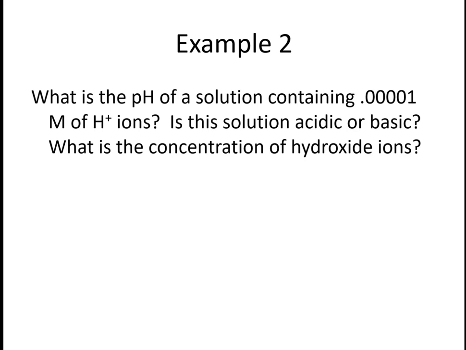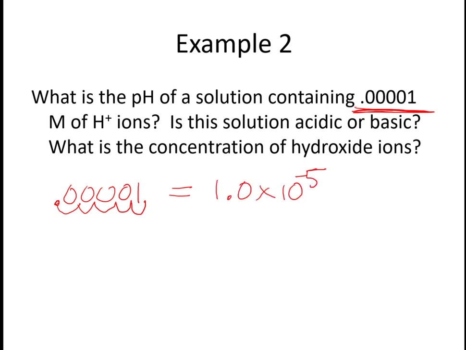So if we have a solution containing this molarity of hydrogen ions, we need to convert that into scientific notation. So we move our decimal 1, 2, 3, 4, 5 places, to be 1.0 times 10 to the negative 5.